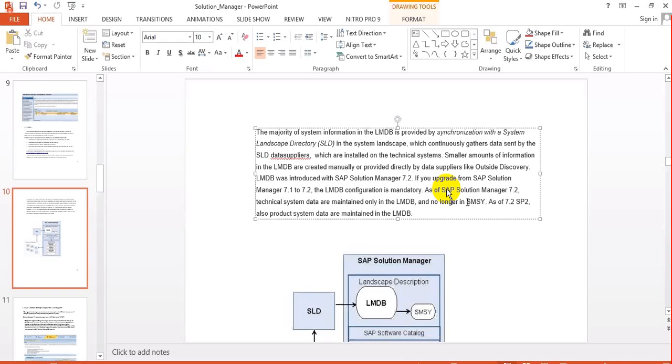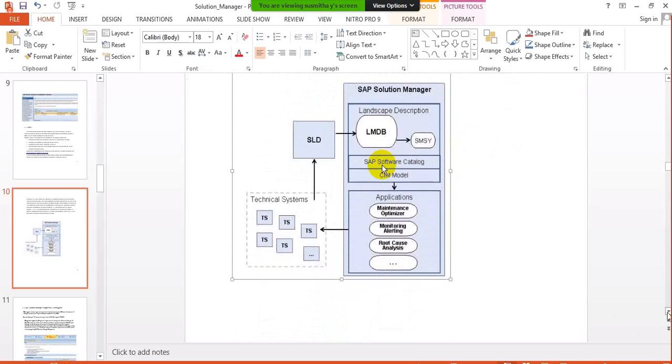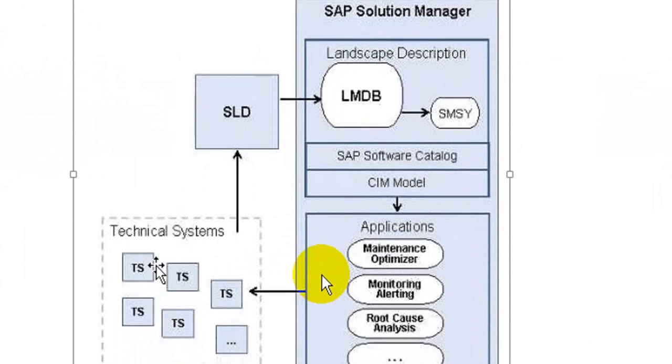Till 7.1, we were using SMSY. Before 7.1, SMSY was used to add the systems for monitoring and everything. After that, we are using the LMDB, the landscape management database. These are the technical systems, like development, quality, production.